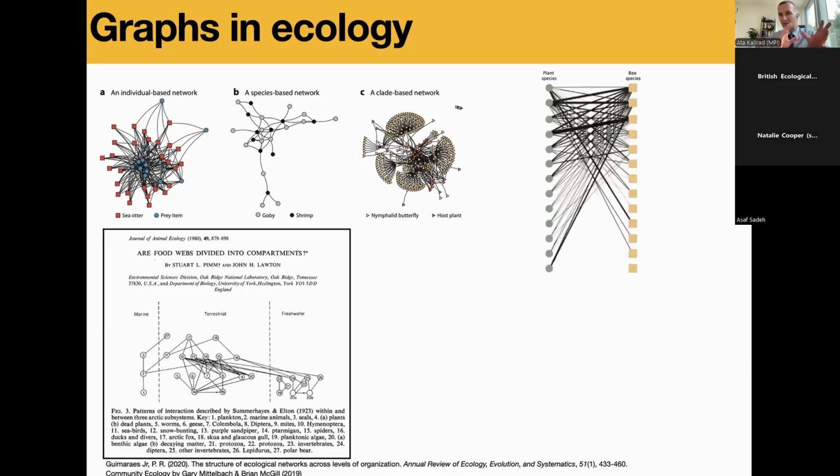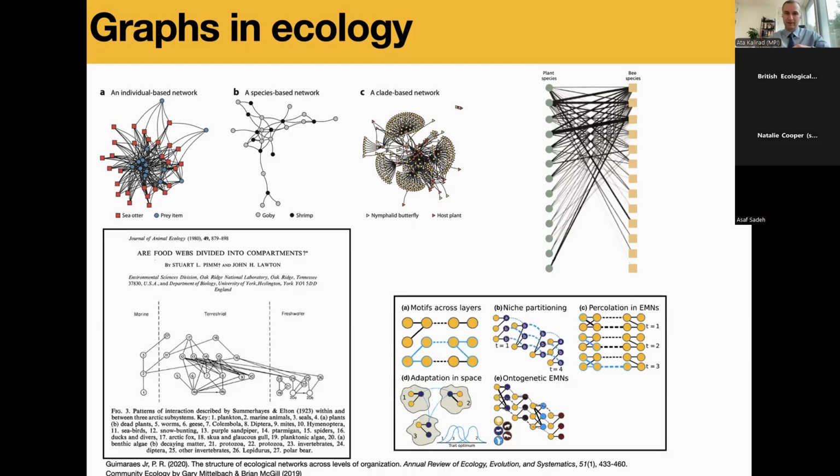You can have various types of networks where, for example, in this case, a bipartite network, it is really specifying interactions, here, for example, pollinators and plants. And more recently, you had the idea of multi-layer networks, which are just a much more complex representation of ecological data.